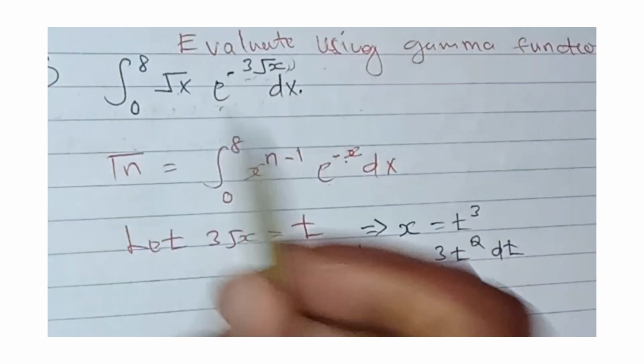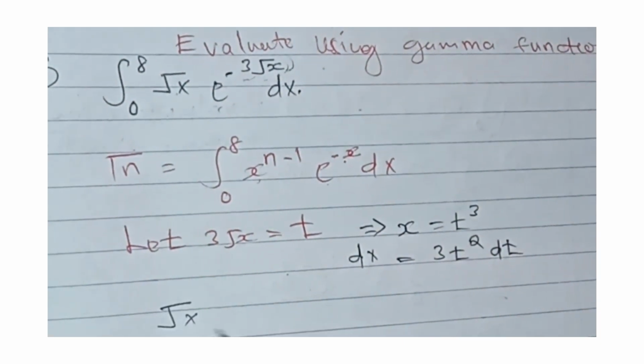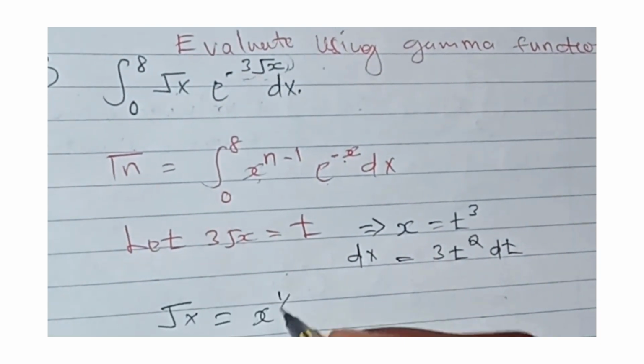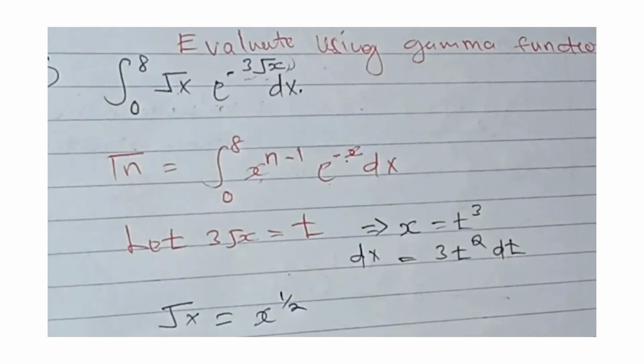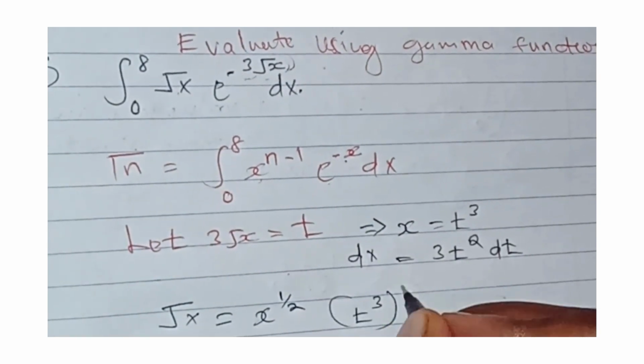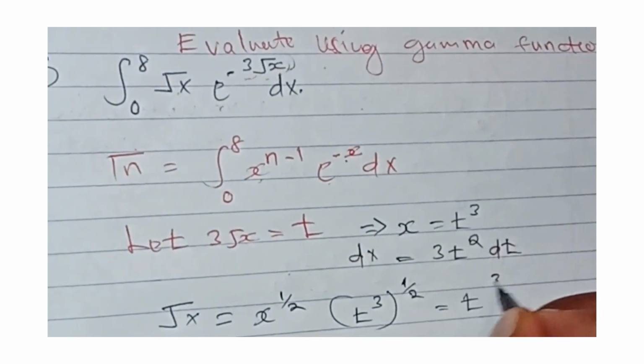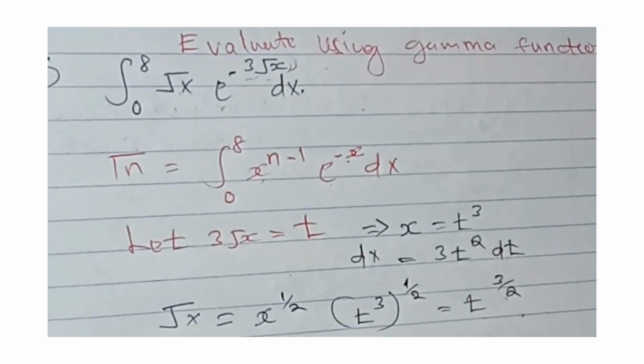Now you have root x. You write root x in terms of t. So root x will be x raised to the power half, and x is t cubed, so t raised to the power 3 half, so t to the 3 over 2.